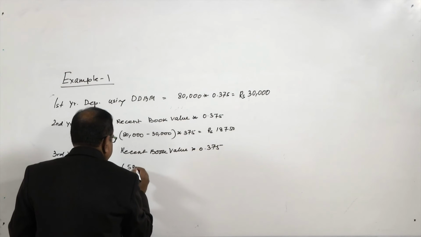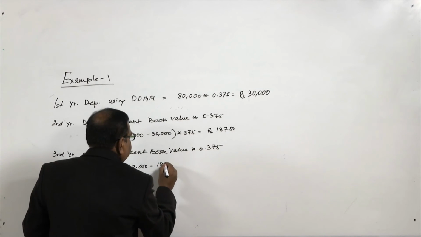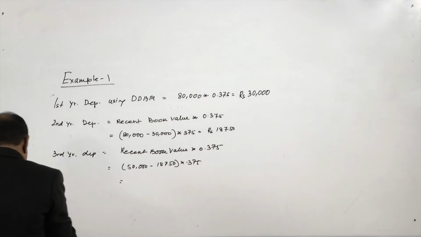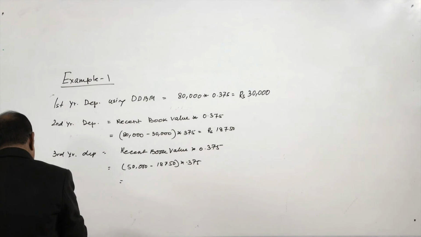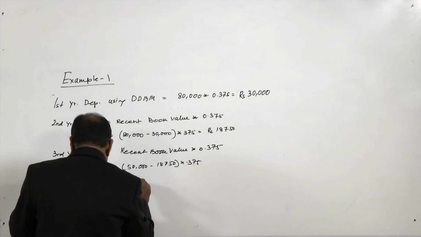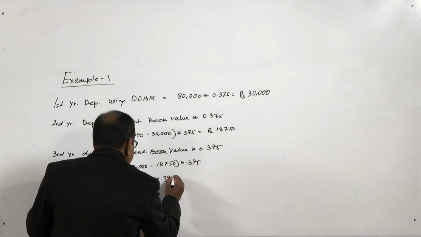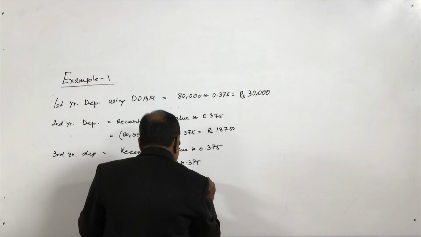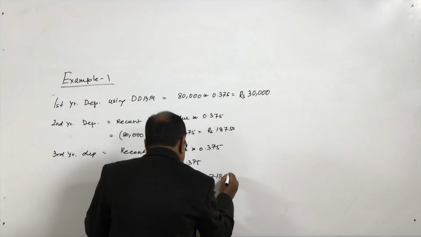Now, the book value will be 50,000 minus 18,750, which comes out to be 31,250, into 0.375, which comes out to be rupees 11,718.8.